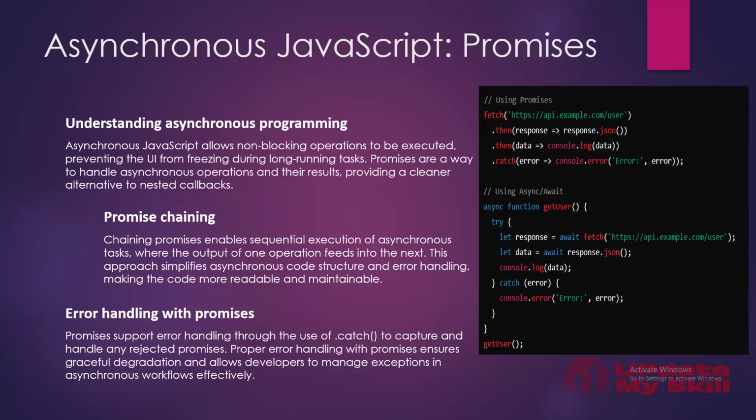Fulfilled means the operation was successful and the promise has a resulting value. The last one, rejected: the operation failed and the promise has a reason for the failure.